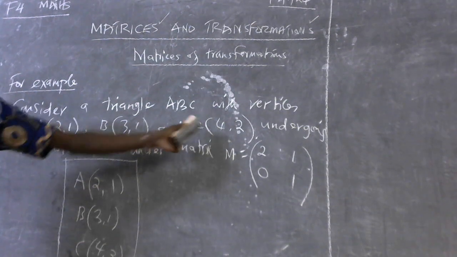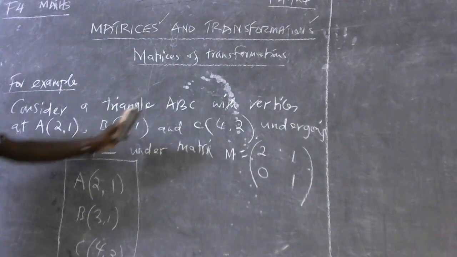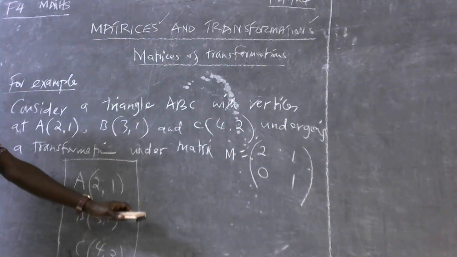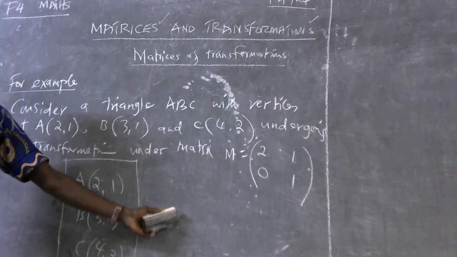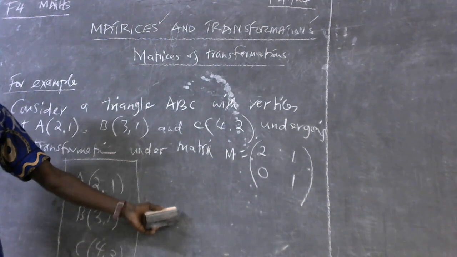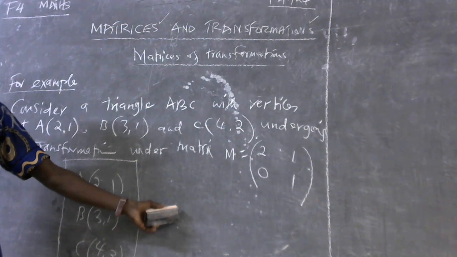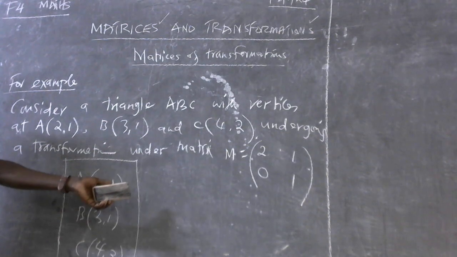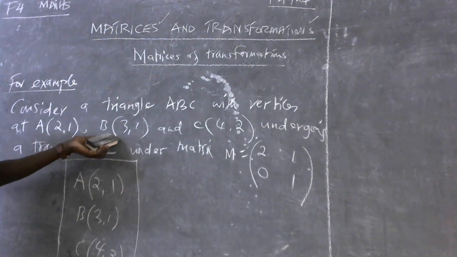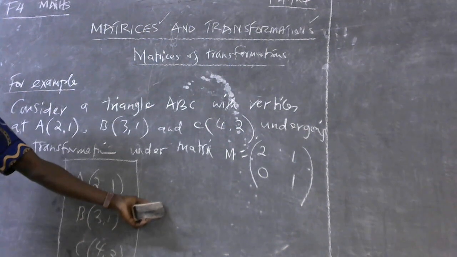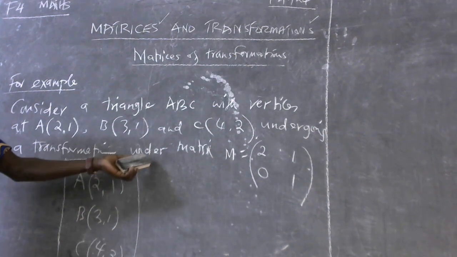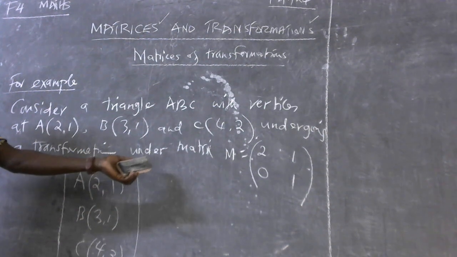Then you perform the computation, find the coordinates of the image, and finally draw the image too on the same Cartesian plane. This is a question of about 4 marks: drawing the object 1 mark, performing the computations 2 marks, and drawing the image another 1 mark. Total 4 marks. This is a question which can appear in paper 2, section 1.